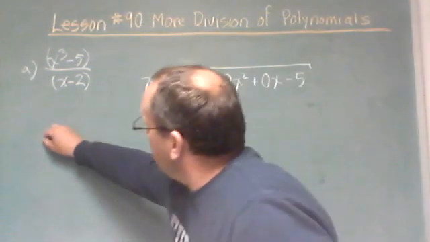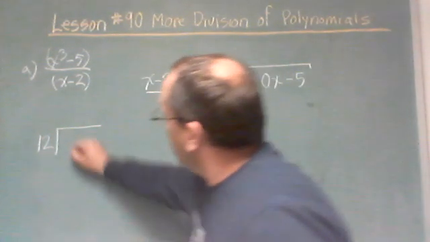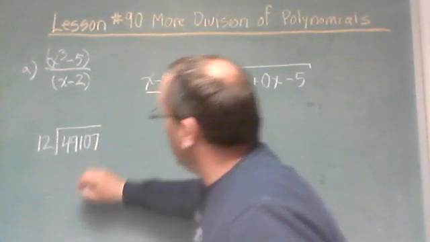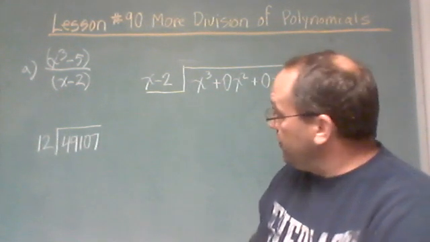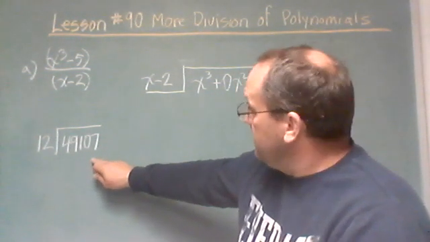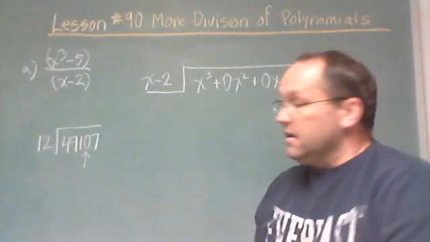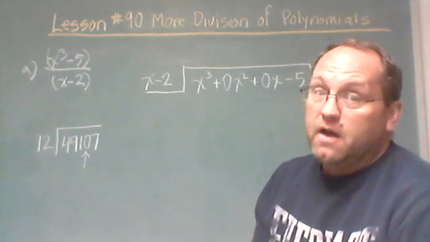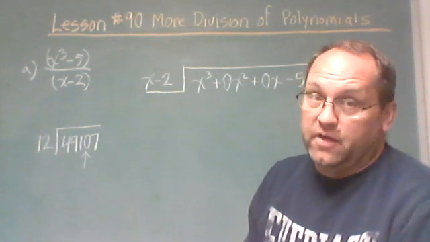Yesterday I compared this process to long division using this long division problem here: 49,107 divided by 12, and we notice we have a 0 in the tens unit right here. For this number 49,107, there is no tens value.